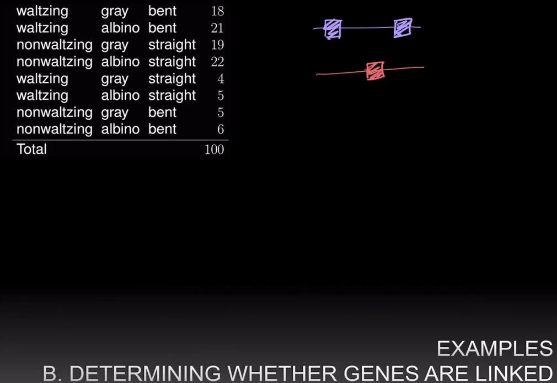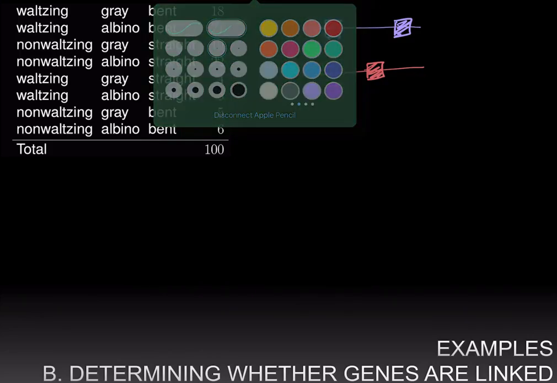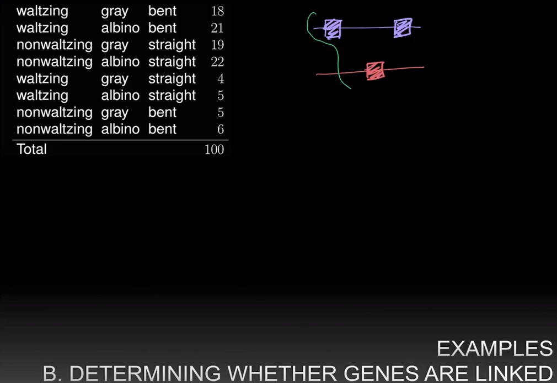If that is the situation, then the pattern we expect is that when you're looking at one of the linked genes and the unlinked gene, you expect a 1:1:1:1 ratio, because in fact these 2 genes are unlinked.